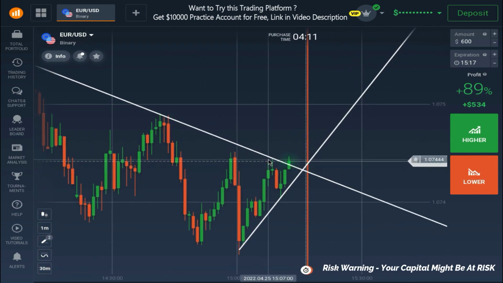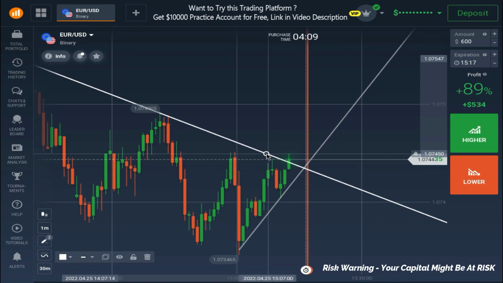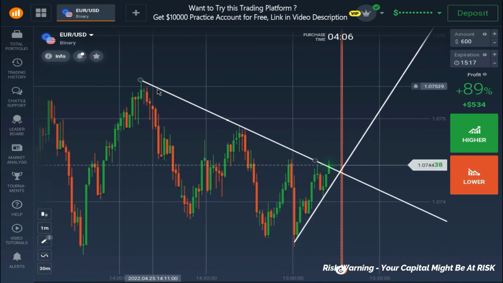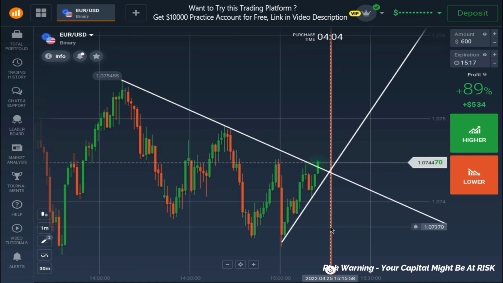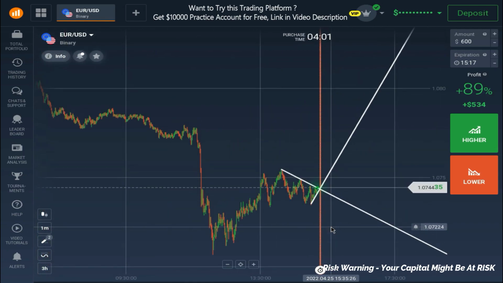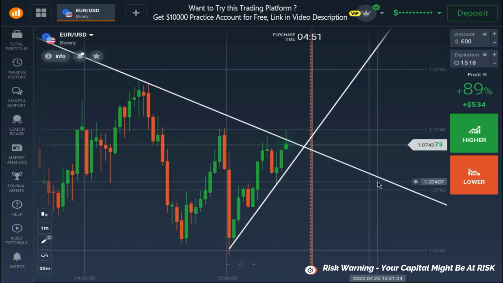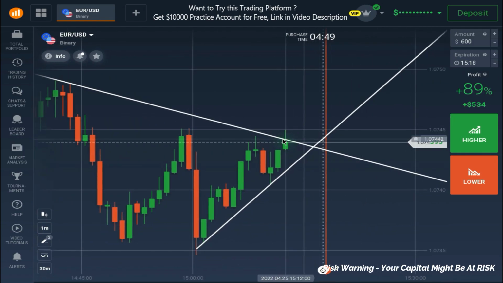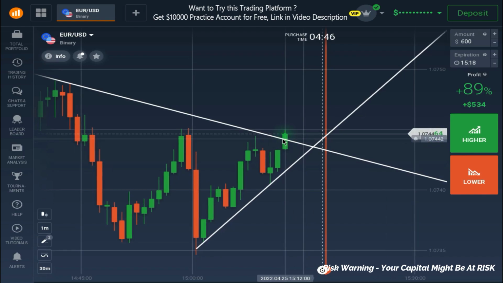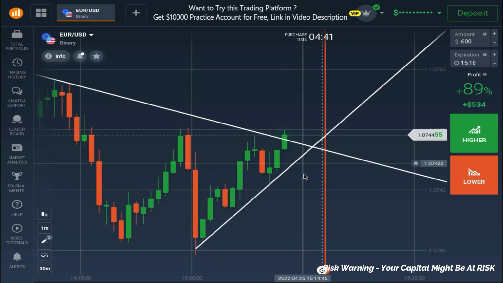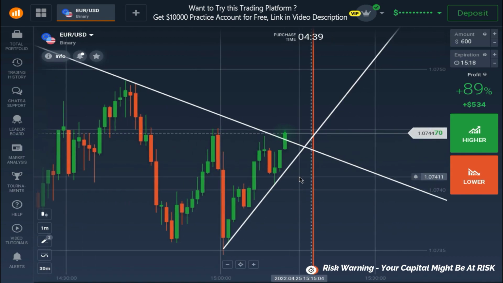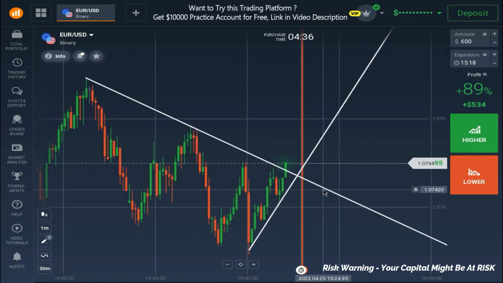And here market is at the resistance trend line. It is showing that market is still in the downtrend, but okay, let's wait. Market again rejected the same level. It's kind of looking like a breakout.